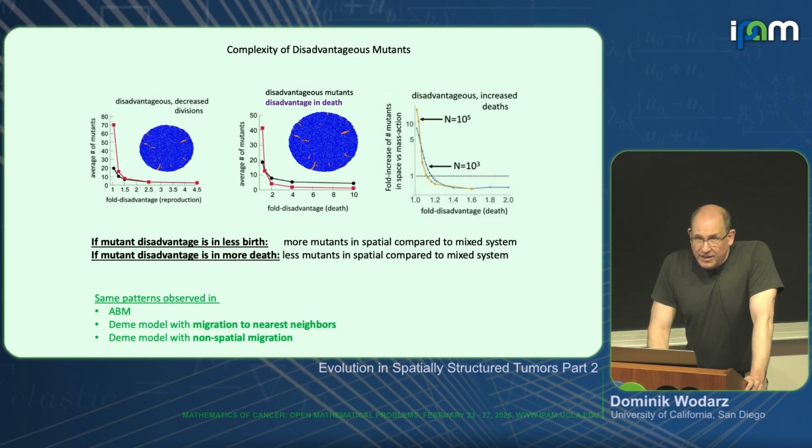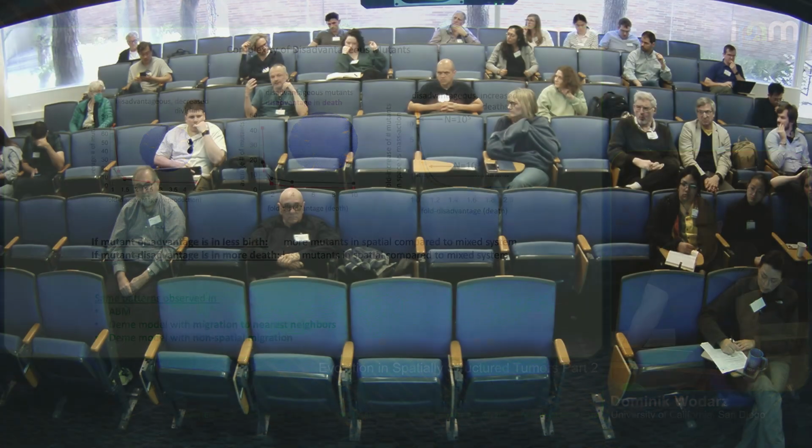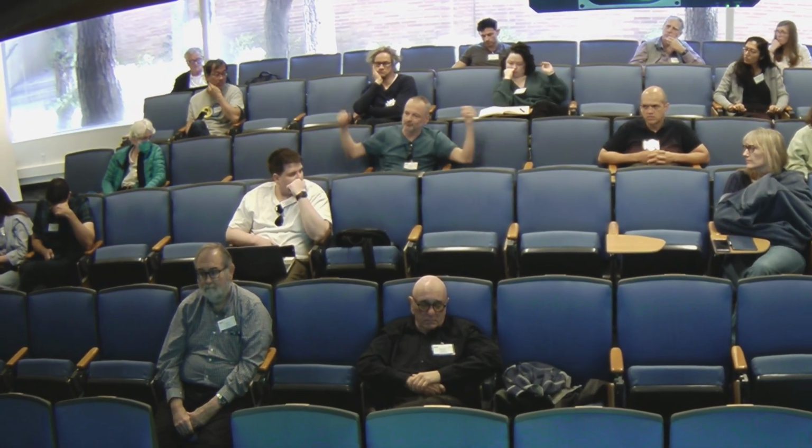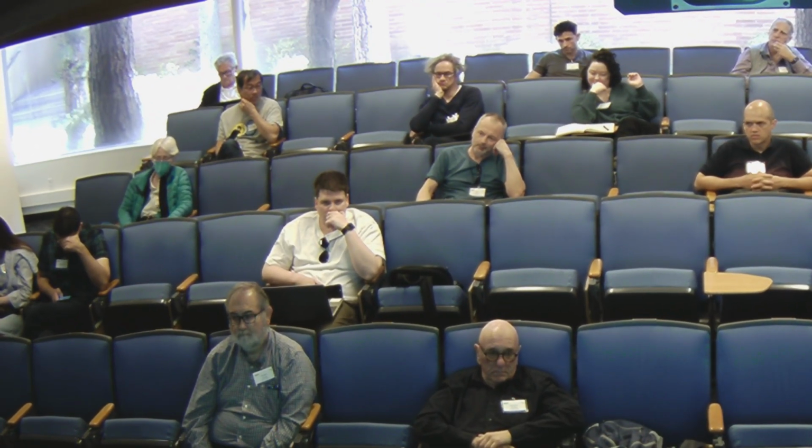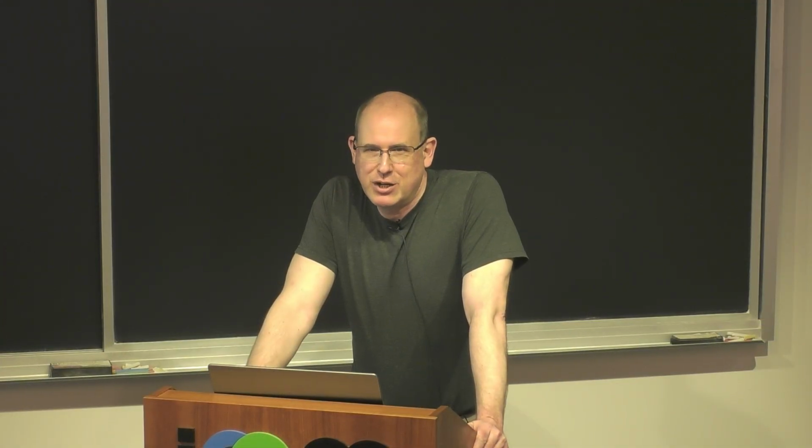So that's, yes? Sorry, so the advantage would be that the deme model is easier to simulate because you have a few demes and not many demes. Well, that is definitely an advantage. Not to simulate, but to get some analytical insights as well. To simulate, they're both pretty horrible to simulate, especially large populations.